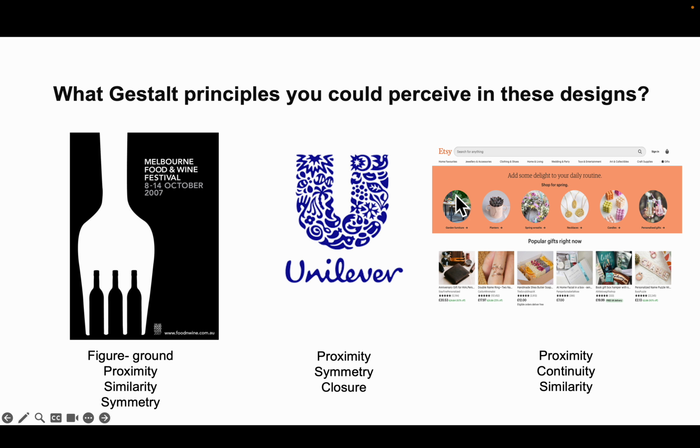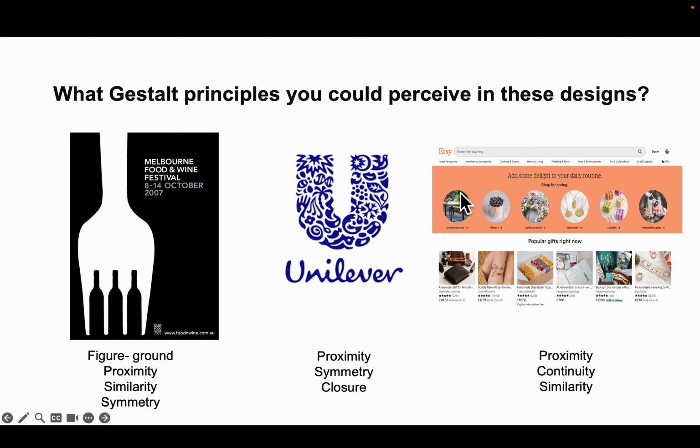Each image corresponds with a text because they are staying close to each other. We can also perceive continuity because we can see there are two separate straight lines, which represent different types of information, different types of products. And also similarity, right?